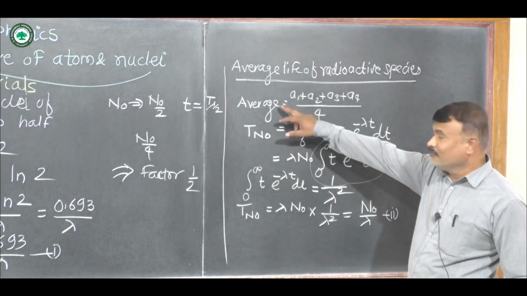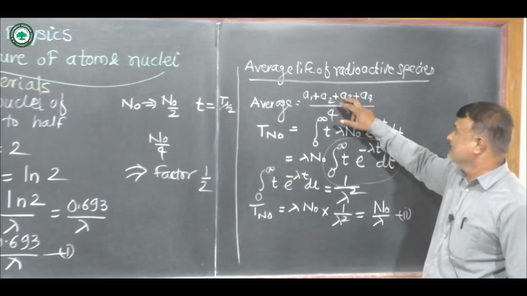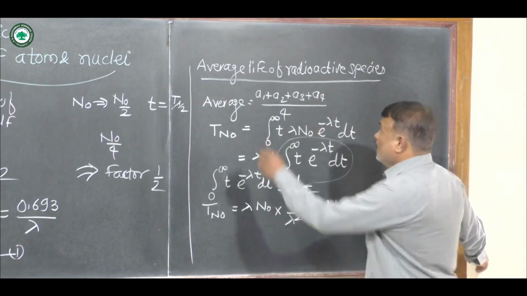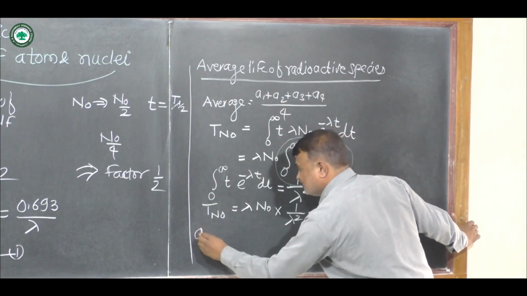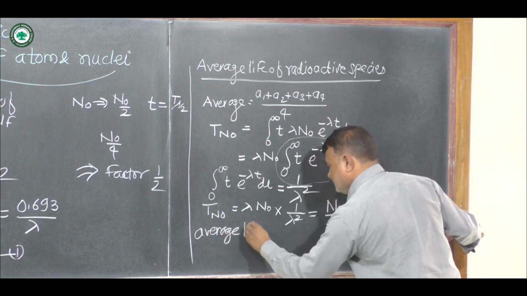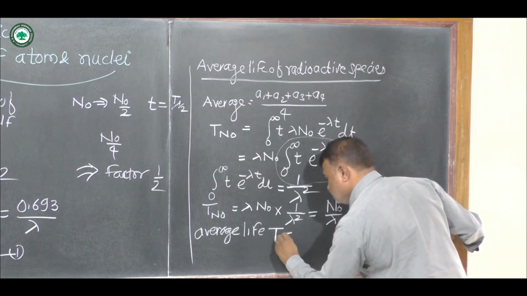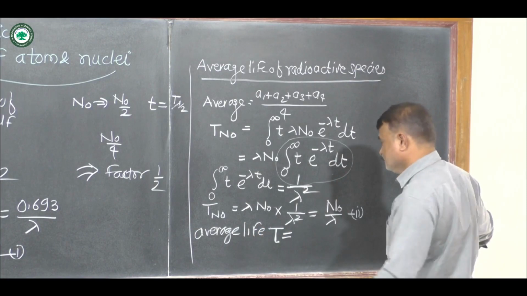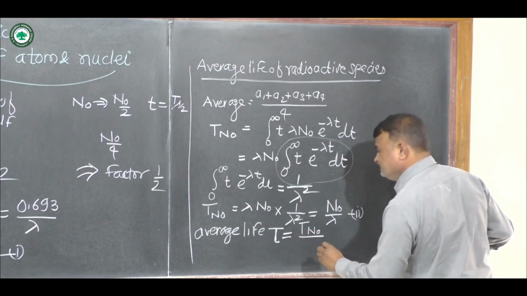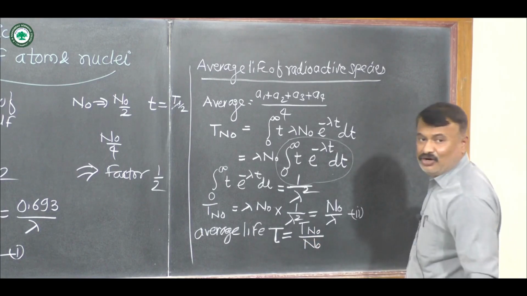Now, as with this formula, the average is equal to a1 plus a2 plus a3 plus a4 upon the number of readings, 4. So we have to find the average life. This average life is denoted by tau, and that is equal to T n naught upon the total number of readings n naught.